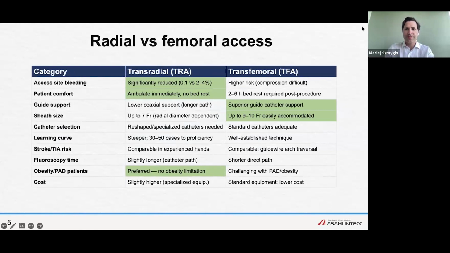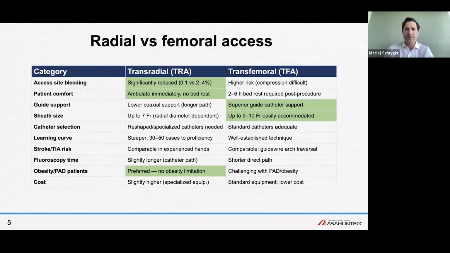This is a short comparison between radial and femoral access. We can see that the bleeding risk is much reduced: less than half a percent versus 2 to 4% in transfemoral access. The patient can walk immediately after.